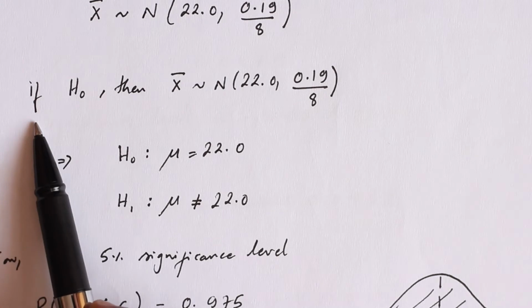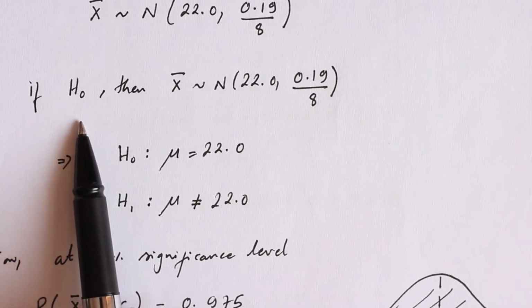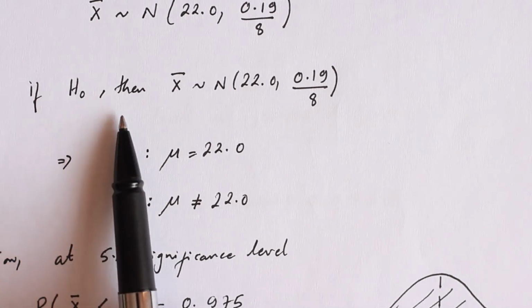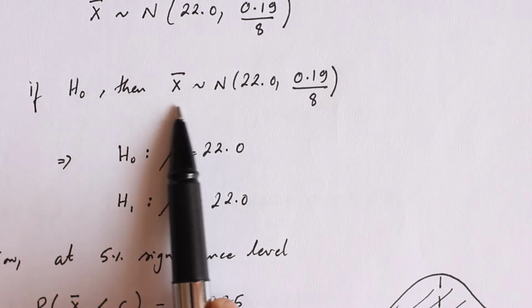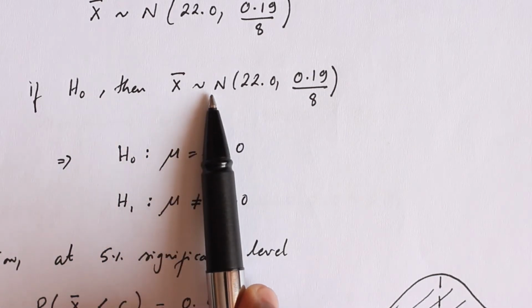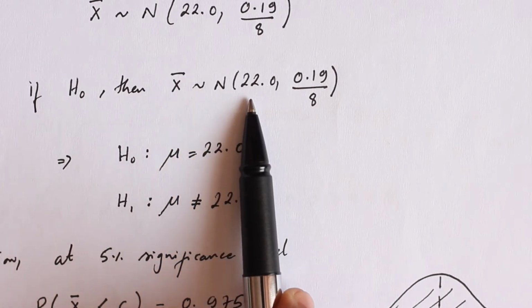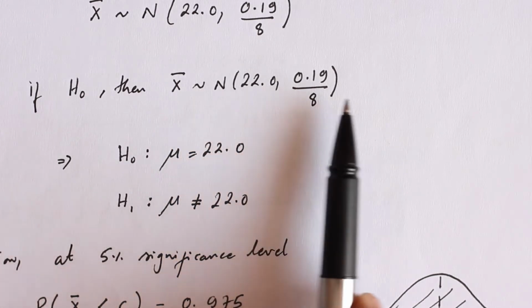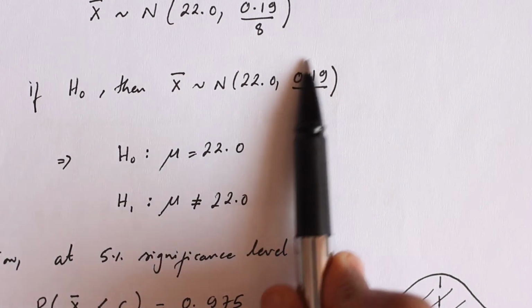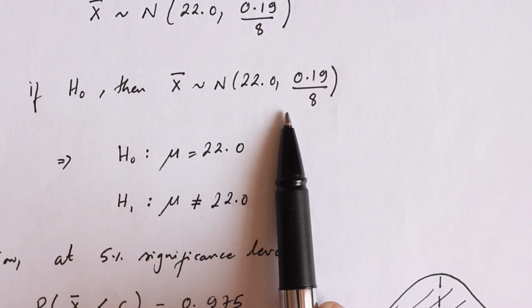If H0, which is the null hypothesis, holds, then we're assuming that the distribution of the mean follows a normal distribution with a mean of 22.0 and a variance of 0.19 over 8.